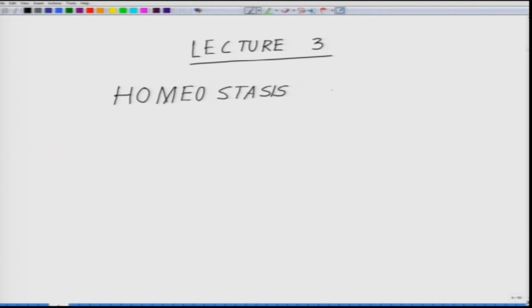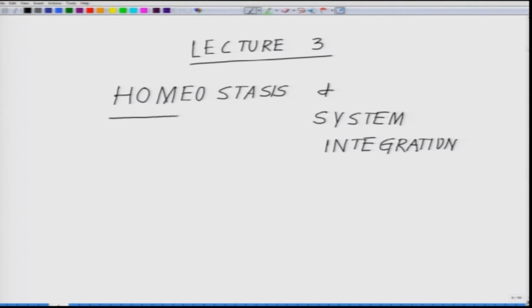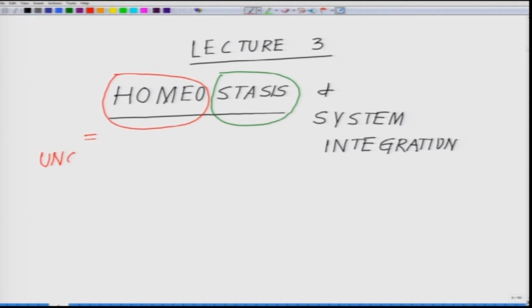Lecture 3, and the topic we will be dealing with today is homeostasis and system integration. What does this word homeostasis mean? If you break this word into two parts, homeo as one word and stasis as the second word, homeo means unchanging, which is not changing, plus stasis means standing.